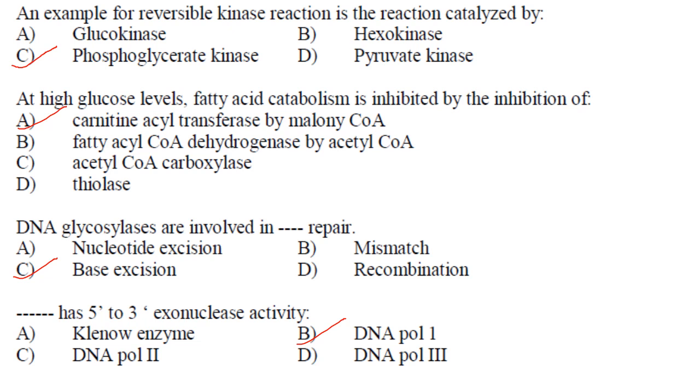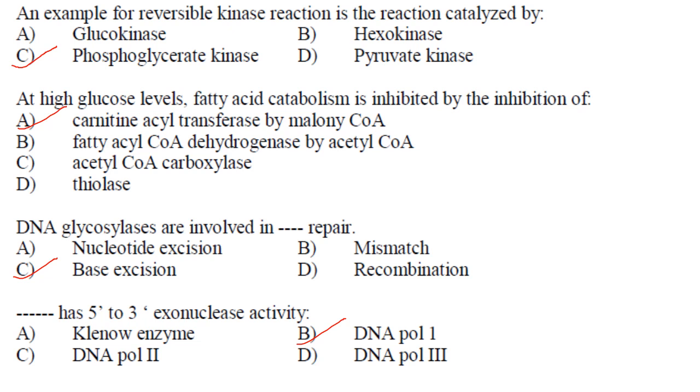So next one. At high glucose levels, fatty acid catabolism is inhibited by the inhibition of. So it is carnitine acyl transferase by malonyl CoA. So carnitine acyl transferase is involved in fatty acid oxidation, and it is inhibited by malonyl CoA.